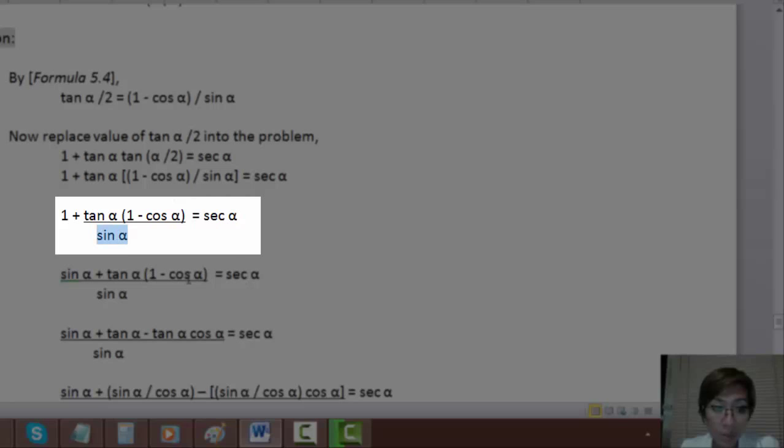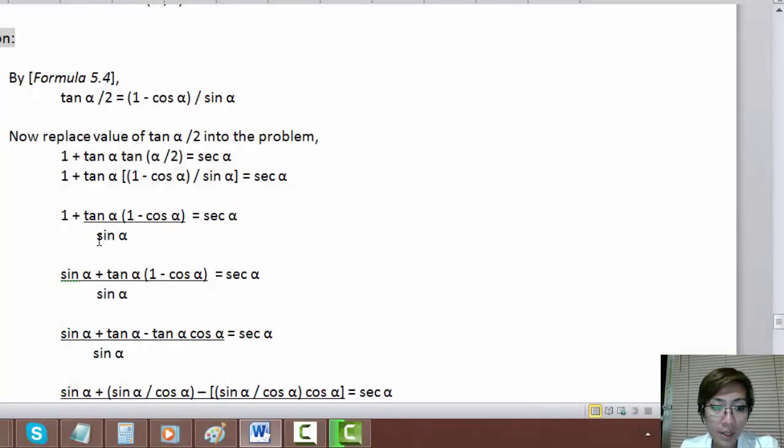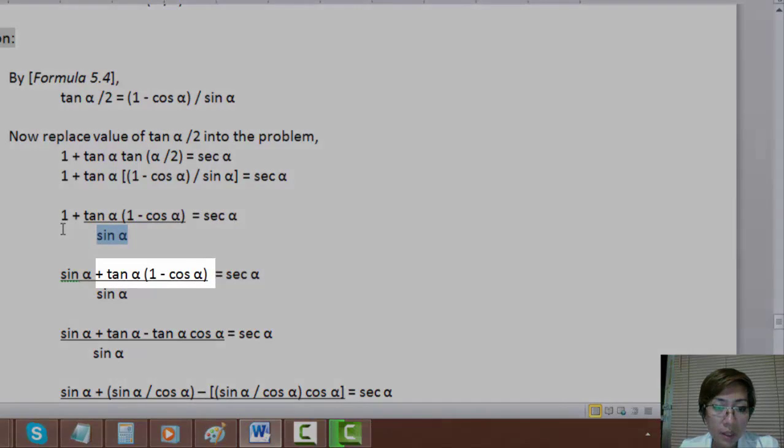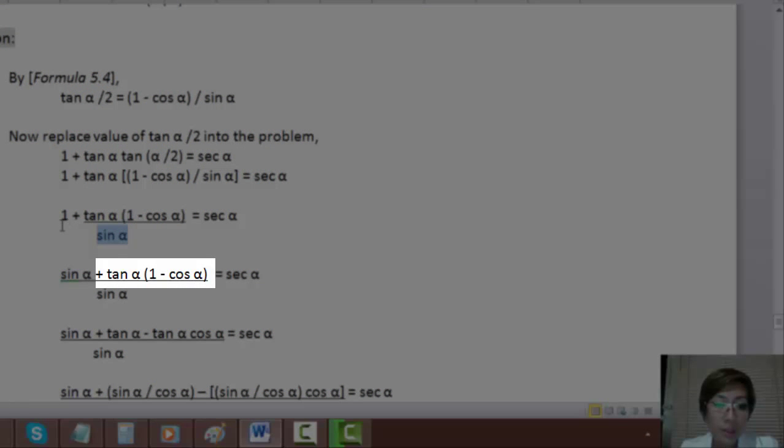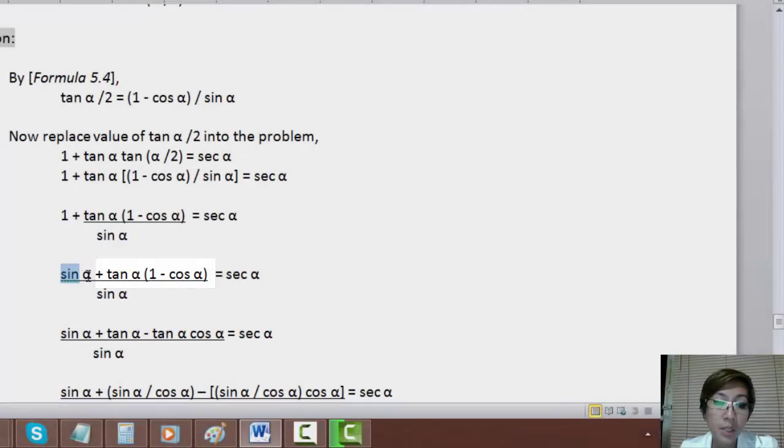Sine alpha times 1, therefore we have here sine alpha, plus the original second term, which is this one, tangent alpha times 1 minus cosine alpha all over the denominator sine alpha, equal to the right term, which is secant alpha. Now let's proceed to the simplification.